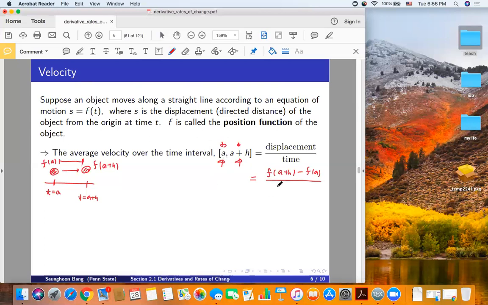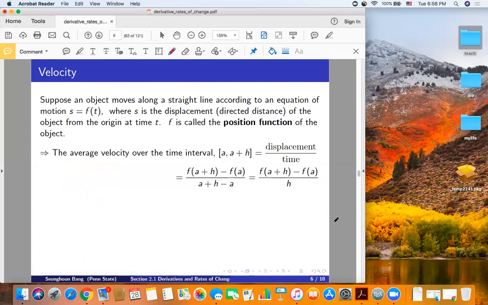The time interval is a plus h minus the left one. So we have f of a plus h minus f of a, over h. This is exactly the average velocity over the time interval a to a plus h.